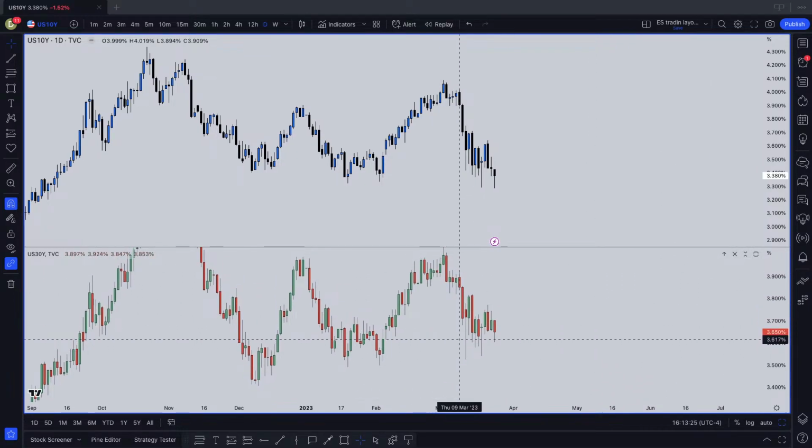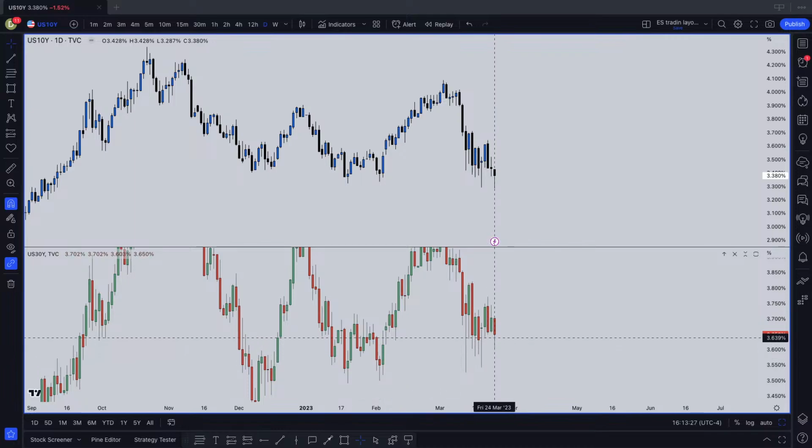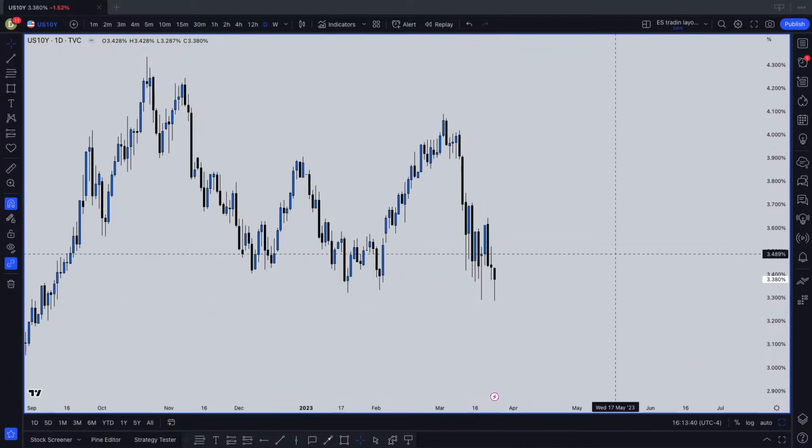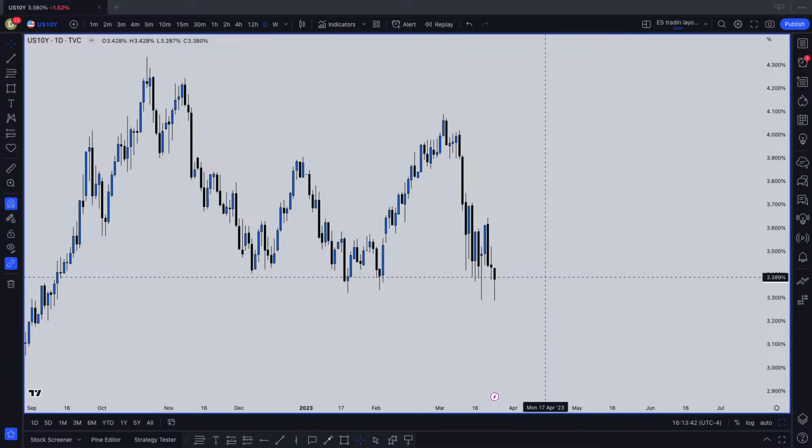Also, looking at the 30-year yield, the body of the candle was unable to get below the consequent encroachment of this wick. So 50% of this wick supported price, which is bullish price action. In summary, I'm expecting risk off, higher dollar, higher interest rates, lower everything else.